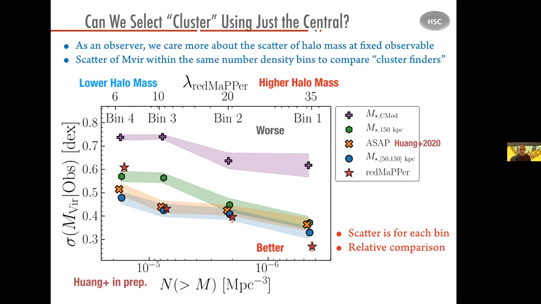Once you do that, we can build a halo mass proxy that is competitive even with the richness selection. Here the red stars are the redMaPPer cluster finder. I want to remind everyone that the scatter values here are only for each bin and are based on our naive model, so you should care more about the relative comparison.